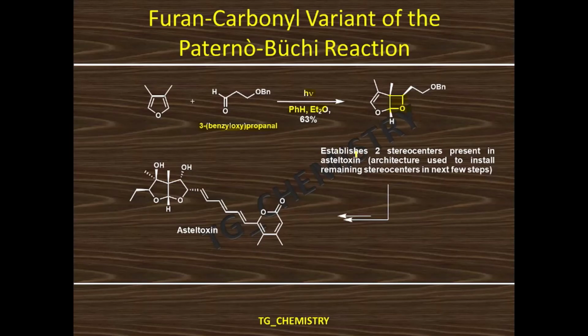This establishes two stereocenters present in the asteltoxin compound, which is the target compound that can be achieved in several steps. Of course, from this intermediate one can access that one, but my intention is to let you know about the involvement of the Paterno-Büchi reaction for the synthesis of these bioactive compounds.